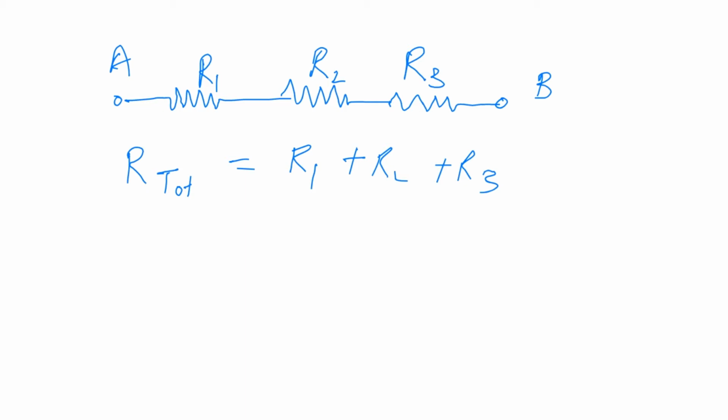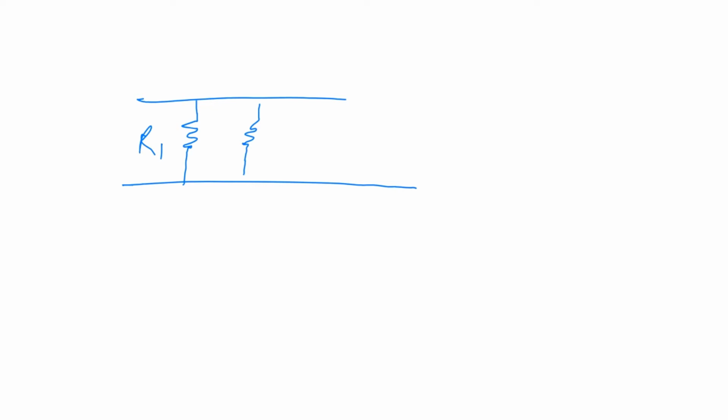So next we will take an example for the parallel resistances. If we have some resistances like this, there is some resistor R1, then other resistor R2, these are connected parallelly. So how can you find out the whole total resistance R total?